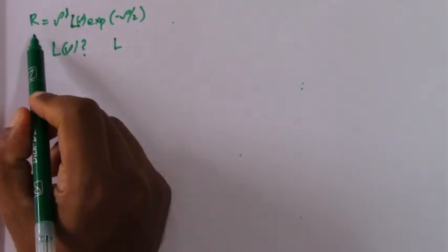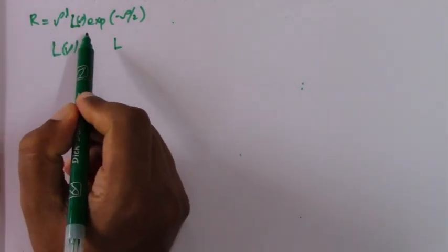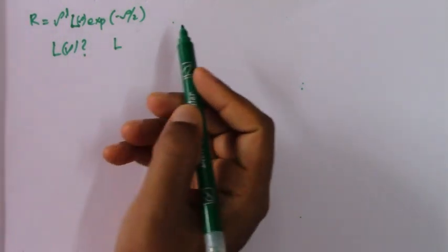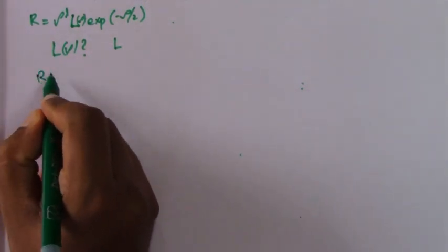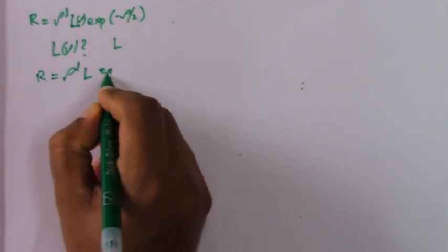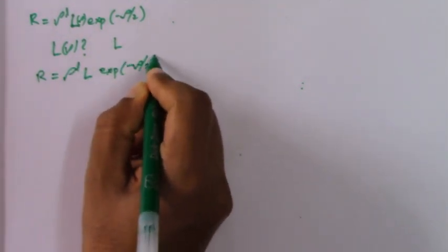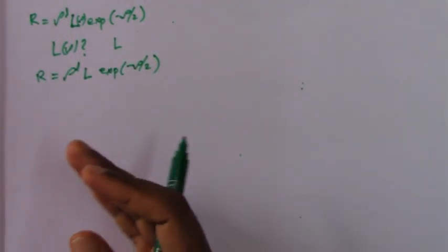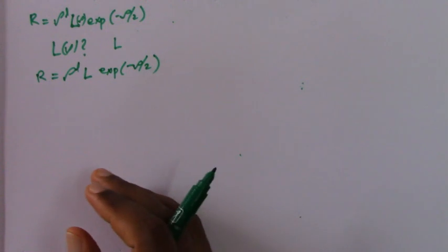Keeping in mind that R is equal to rho raised to L rho exponential minus rho by 2, or simply writing R is equal to rho raised to L exponential minus rho by 2. I just wrote L because I don't want this equation to be much lengthier.